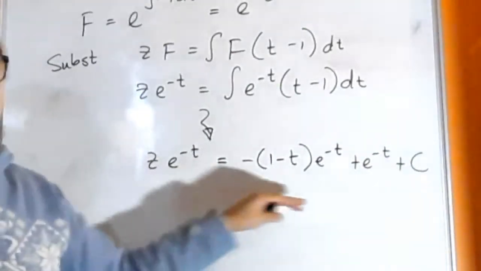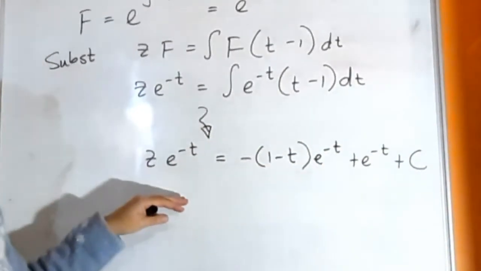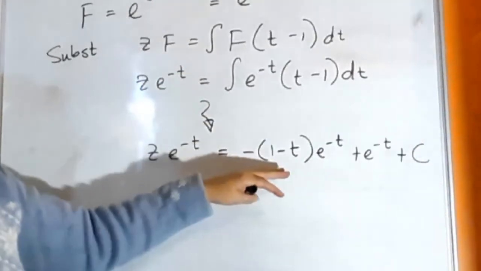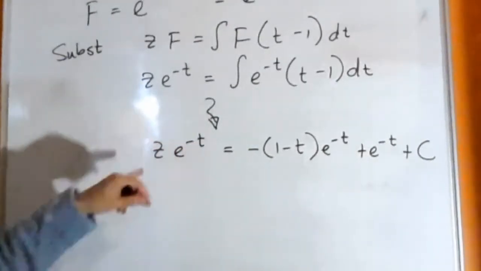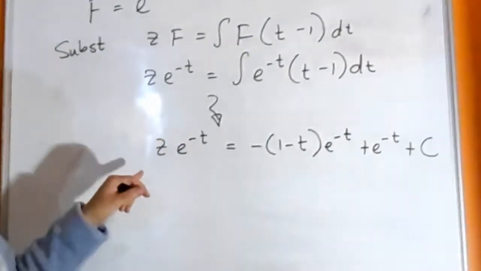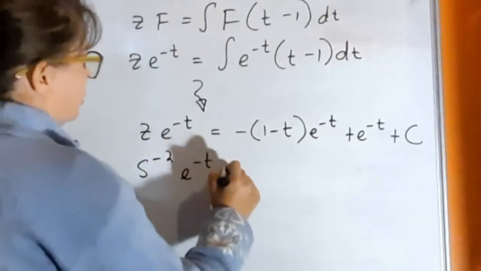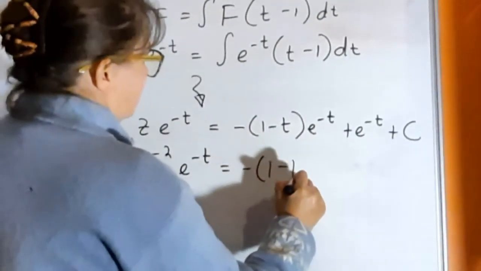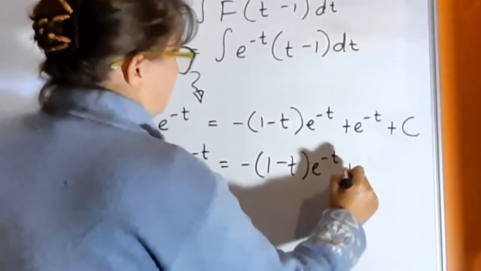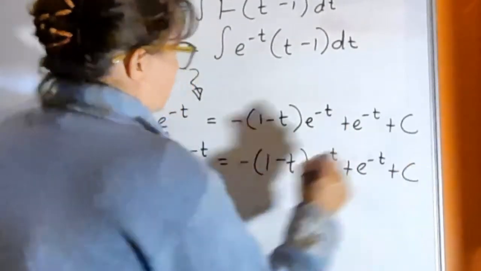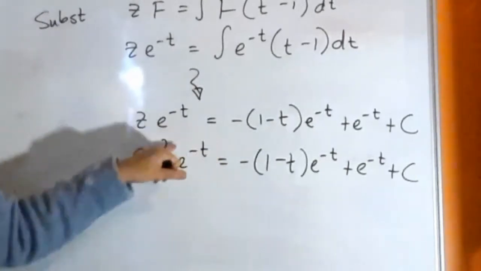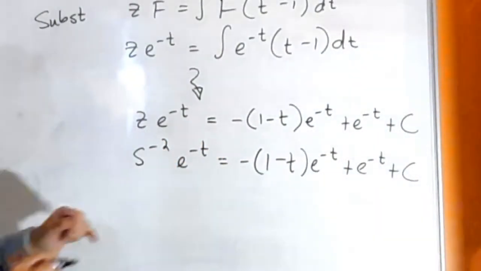Okay, so now you want to convert this solution here into the form that was given to you before. Remember also that z in this case was s to the minus 2. So s to the minus 2. So what I'm going to do is I'm going to get rid of the e to the minus t.